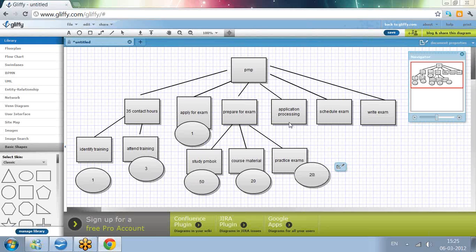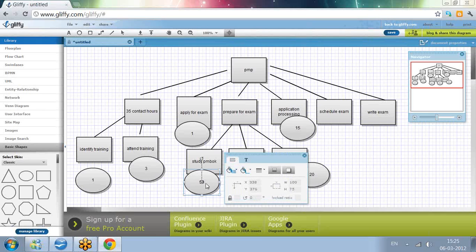And application processing is done by PMI. 15 days is the time which is given by them, so that is 15 days. I want to convert all these things into days, which is easy.